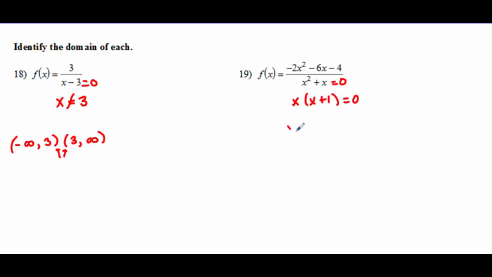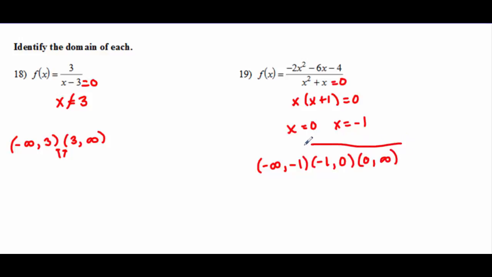Set both of those equal to 0, so I get x equals 0 and x equals -1, which means that in my interval notation, there are 2 places that I have to break up. So I'm going to start from -infinity, and I need to write whichever one of these is to the left first, which would be -1. And then I can go from -1 to 0, and then from 0 to infinity, and that is my domain.